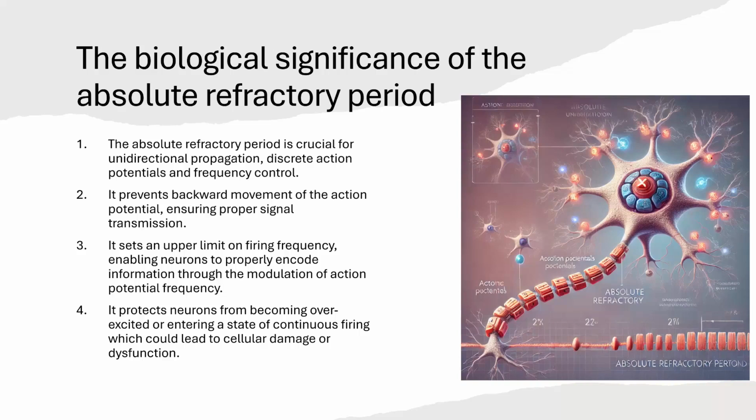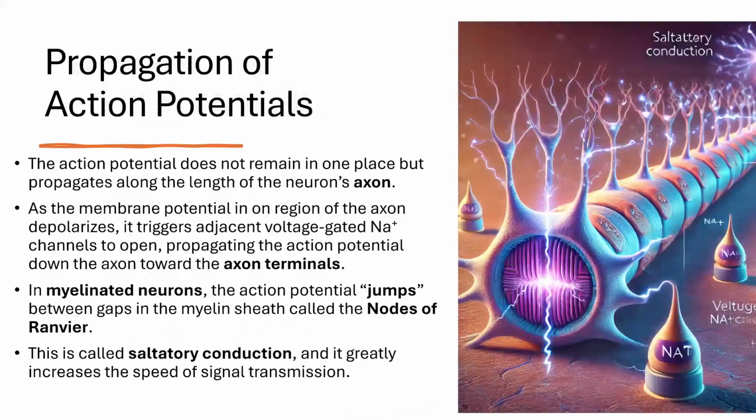Third, it sets an upper limit on firing frequency, enabling neurons to properly encode information through the modulation of action potential frequency. And it protects neurons from becoming overexcited or entering a state of continuous firing, which could lead to cellular damage or dysfunction. You may see here a figure generated showing the absolute refractory period.